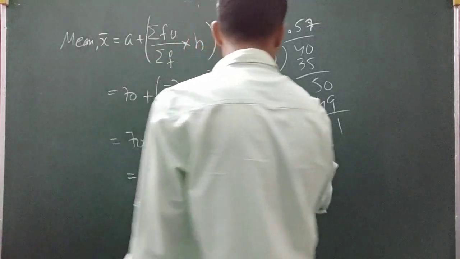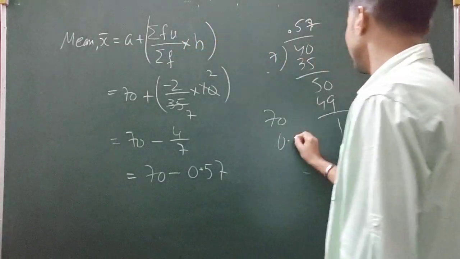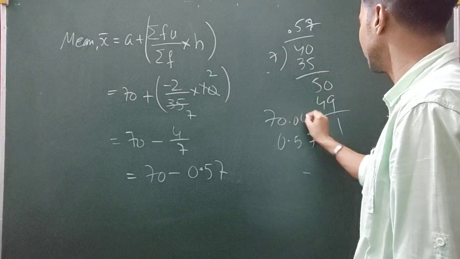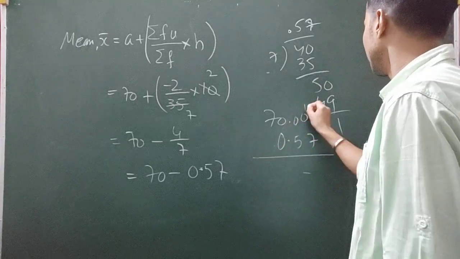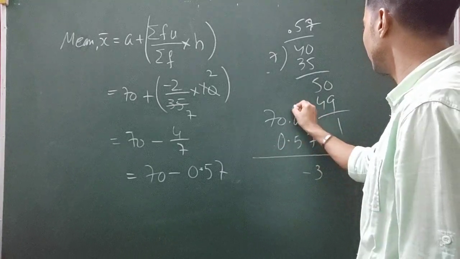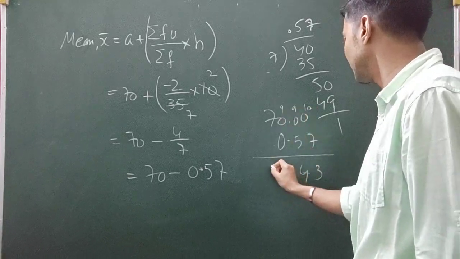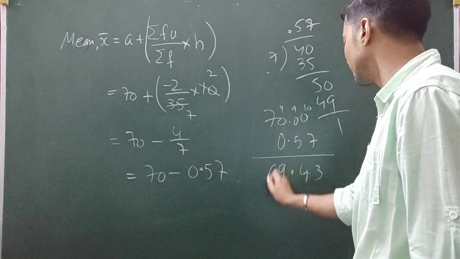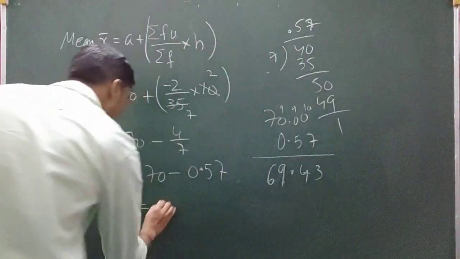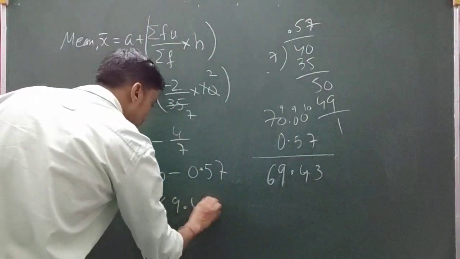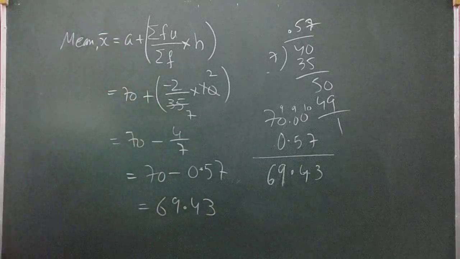So again, I'll show you the subtraction, 70.00 minus 0.57. So that is 10, that is 3, carry over 9, so 4 point, this is 9, 9, subtraction 6. So the mean is 69.43.